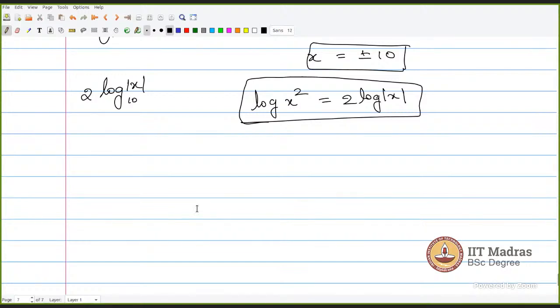Now, as 0 is a rational number, for my function to be surjective, I should get an output 0 for some input value, right? For what value of x will I get f of x as 0?